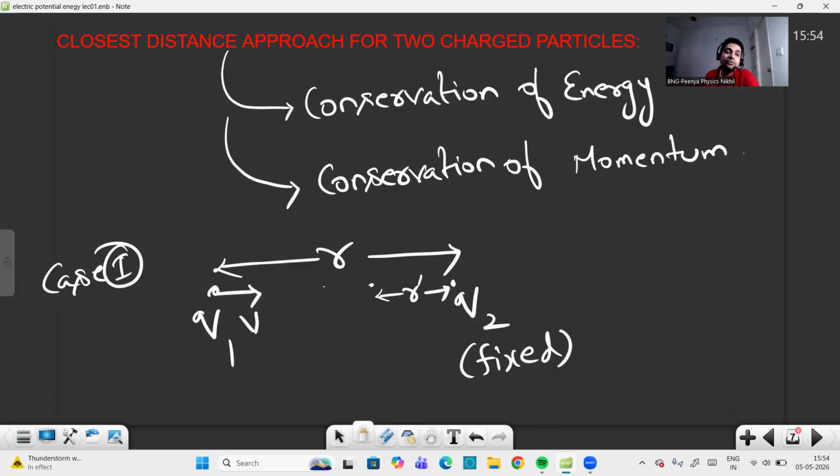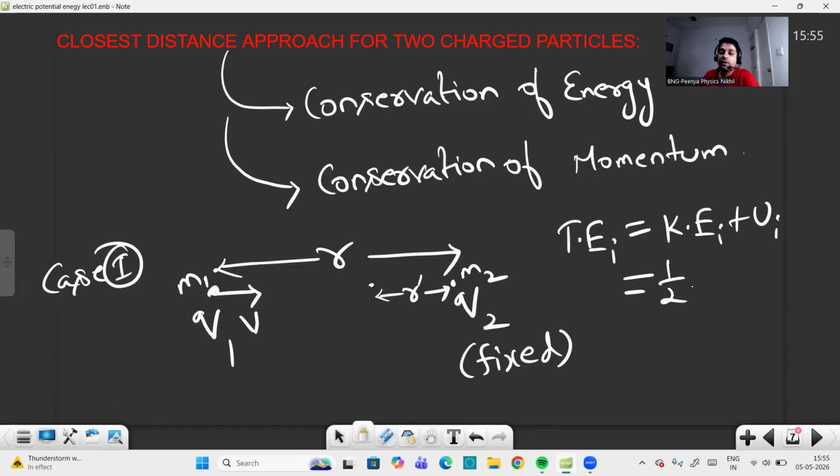As I discussed with you, whenever there is a closest distance, first we have to think about the conservation of energy. So when we are given a certain speed v, what is the total initial energy? Here kinetic energy initial and interaction energy initial. What is the kinetic energy initial? Here I consider the masses of the charged particles to be m1 and m2.